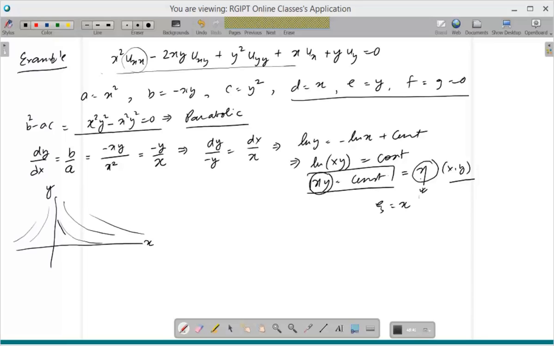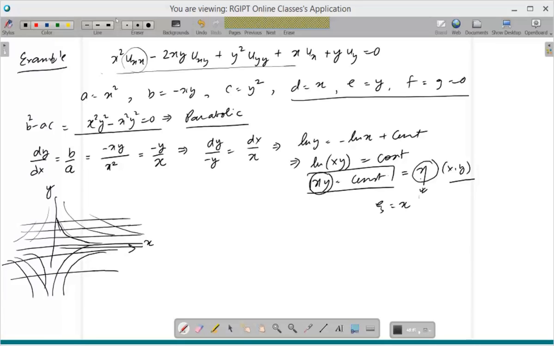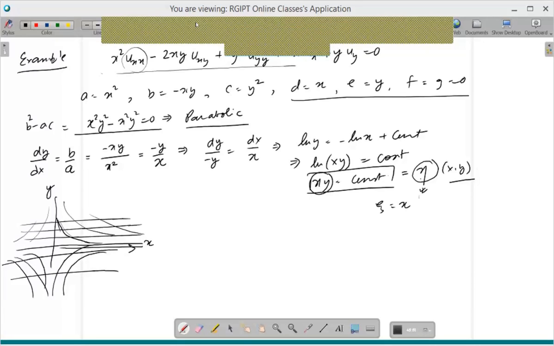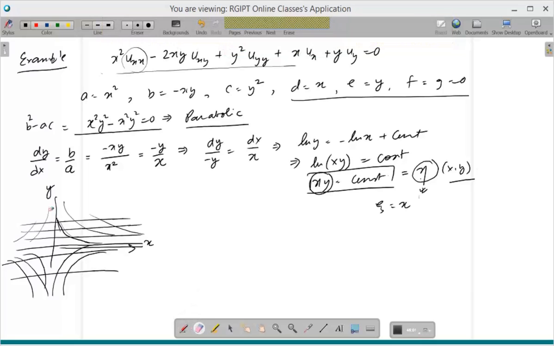These curves form my eta axis, and together with the x lines they form the grid. Just imagine that there is no y axis anymore. If I erase the y axis, I have the x lines and these xy equal to constant curves. This would form my grid.